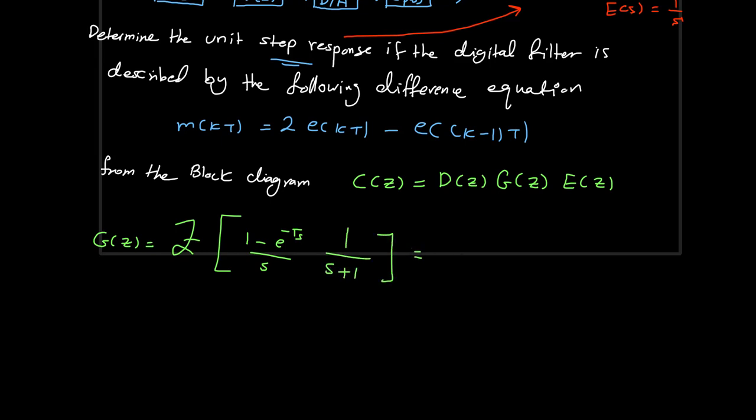Now this will equal 1 minus Z to the minus 1, times the Z transform of 1 over S(S plus 1).